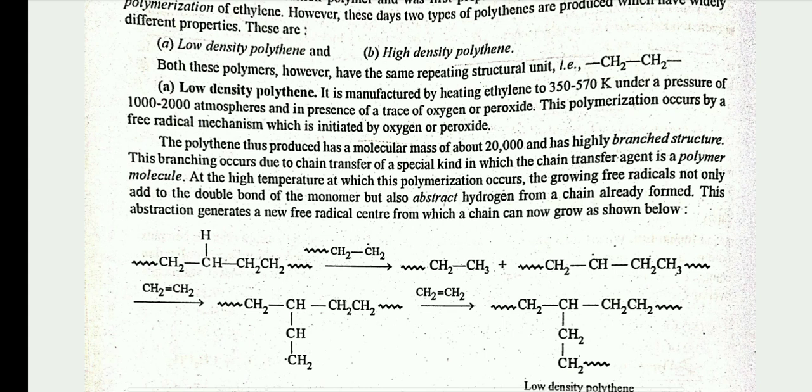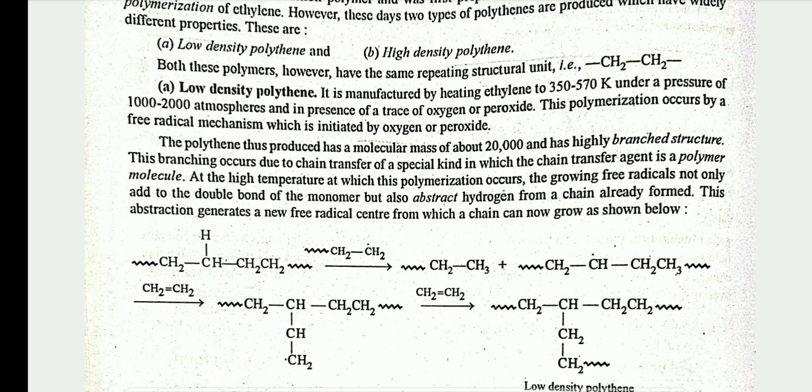This branching occurs due to chain transfer of a special kind in which the chain transfer agent is a polymer molecule at the high temperature at which this polymerization occurs. The growing free radical not only adds to the double bond of monomer but also abstracts hydrogen from a chain already formed.